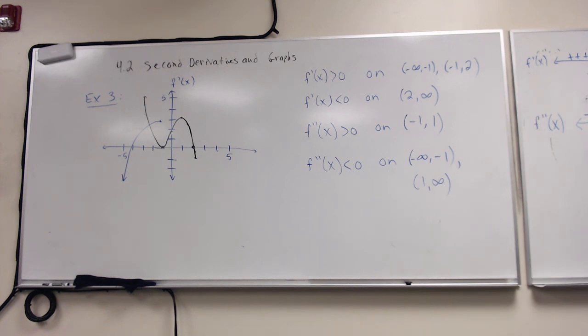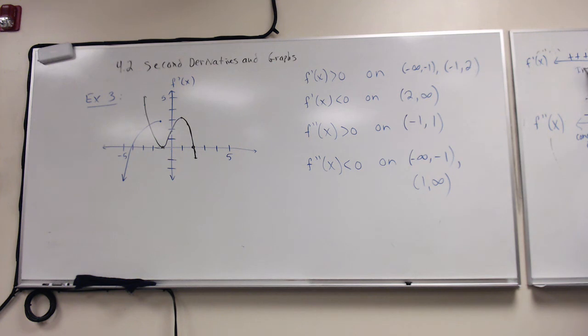Now this is where it gets a little tricky. At +2, we're going to change from increasing to decreasing, but also at 1, the second derivative changes from positive to negative. So let's see if we can do this. Maybe I should have written this: concave down, concave up, concave down.